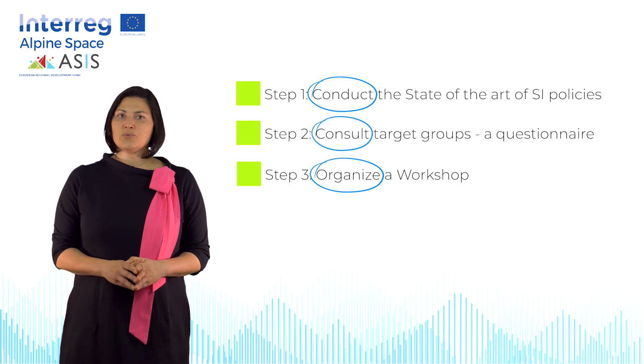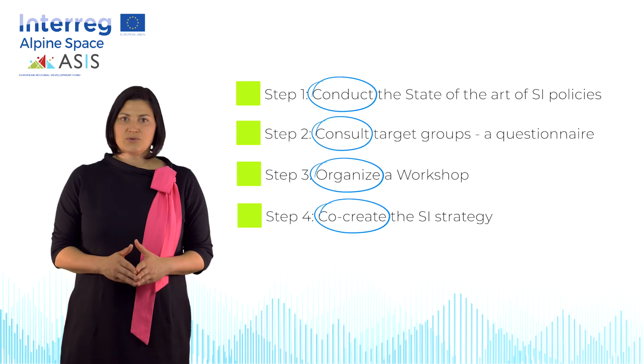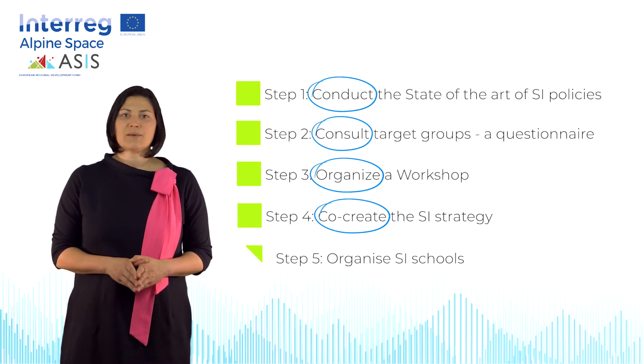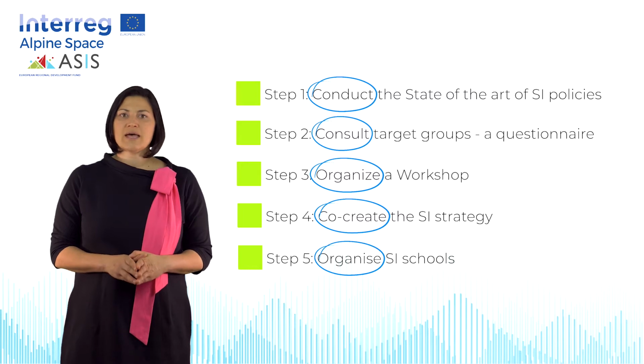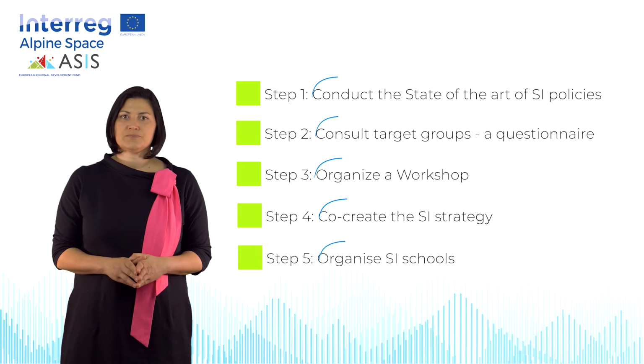Organize a workshop with target groups to test most relevant existing instruments and to create recommendations for new policies. Step 4. Co-create the SI strategy together with working and target groups. Step 5. Organize SI schools to support results and transfer outputs, as well as to make proposed strategies well understood by public officials.